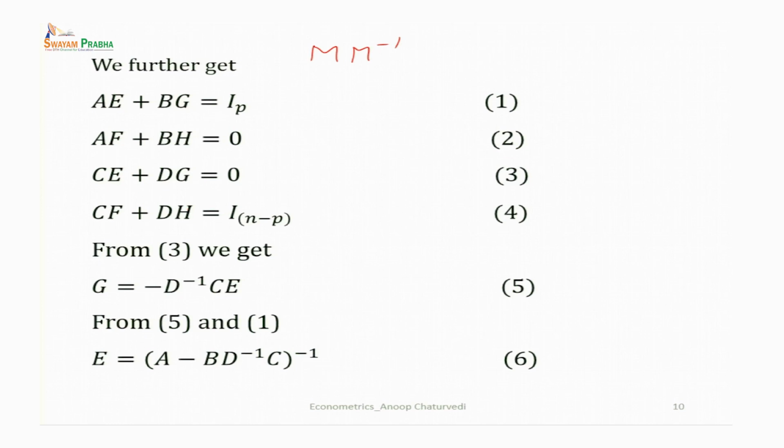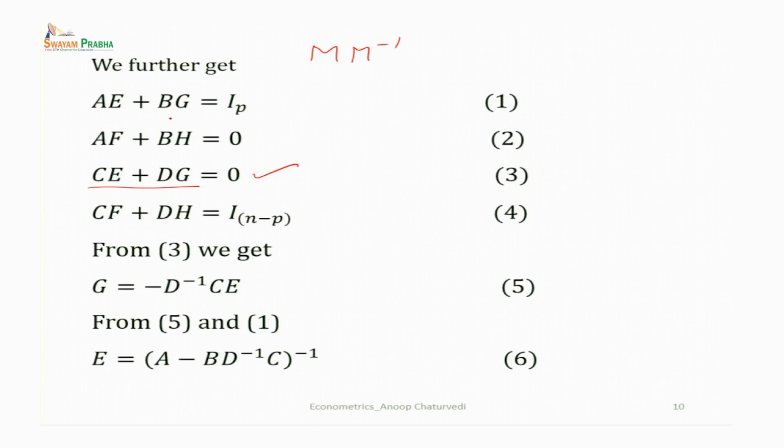So, from this equation 3, you obtain G equal to minus D inverse C E from here. Remember, D is a square non-singular matrix. So, you can take inverse of D. And then from 5 and 1, we substitute the value of G in 1 from equation 5.